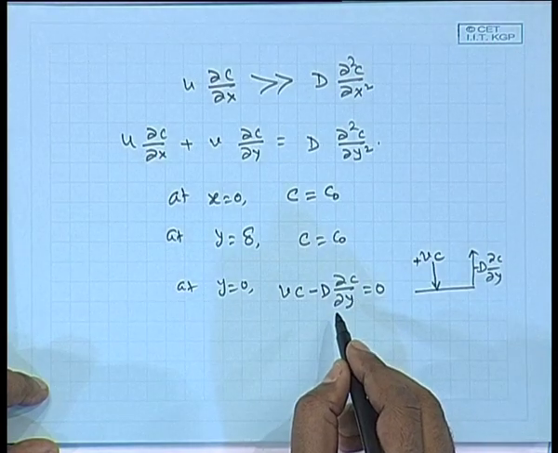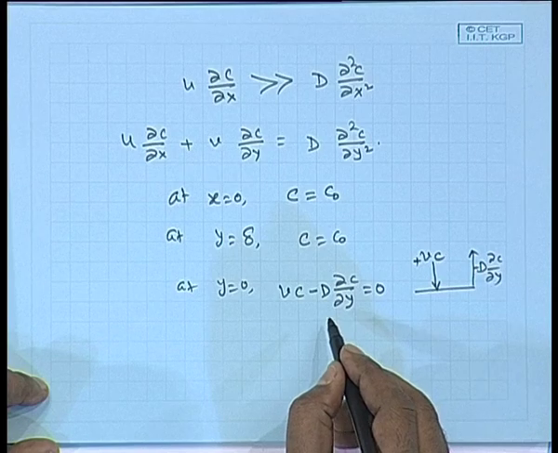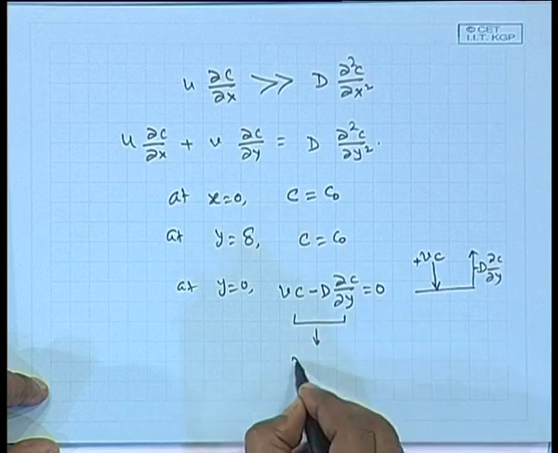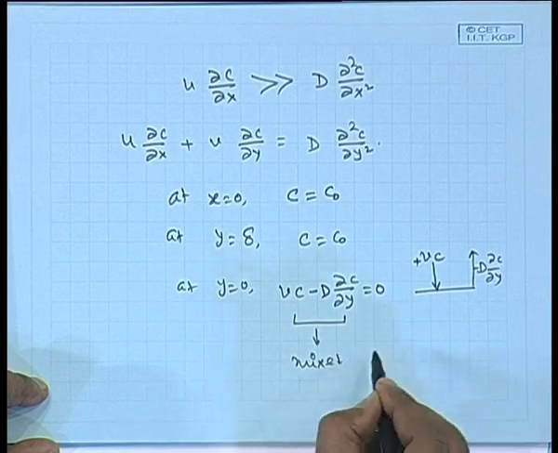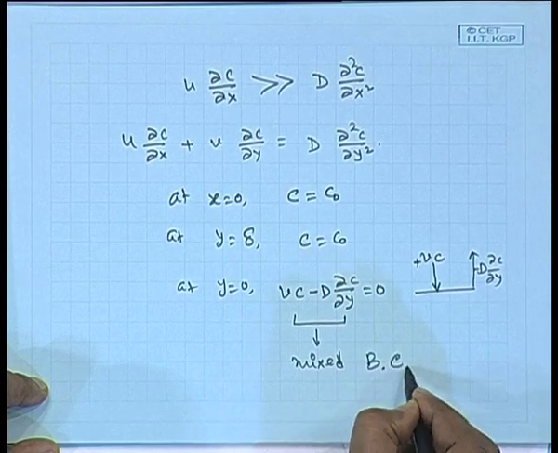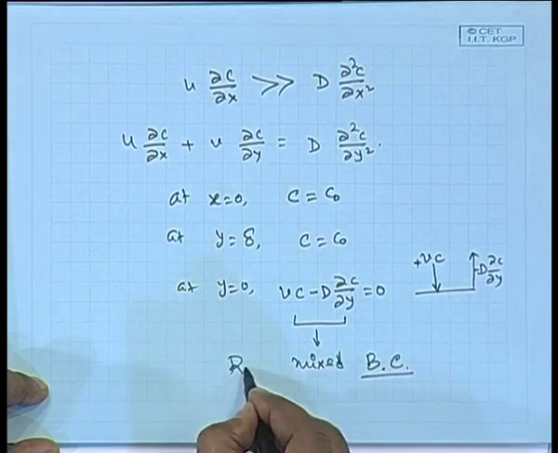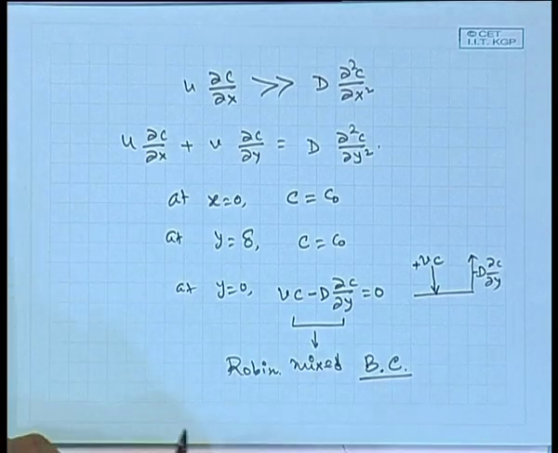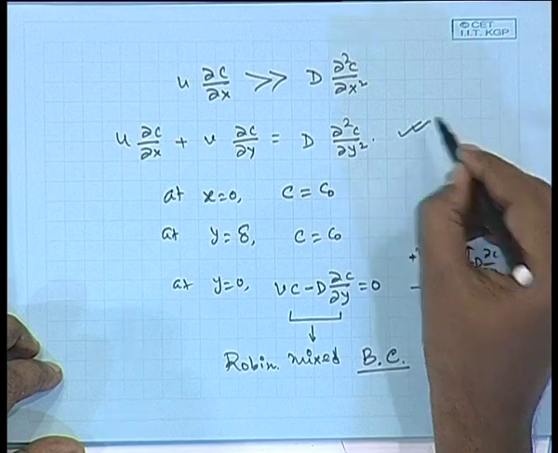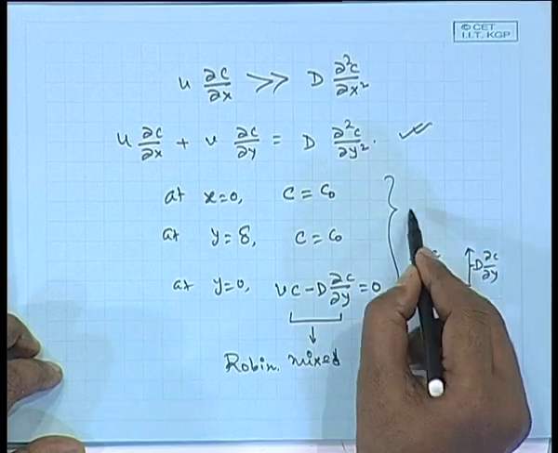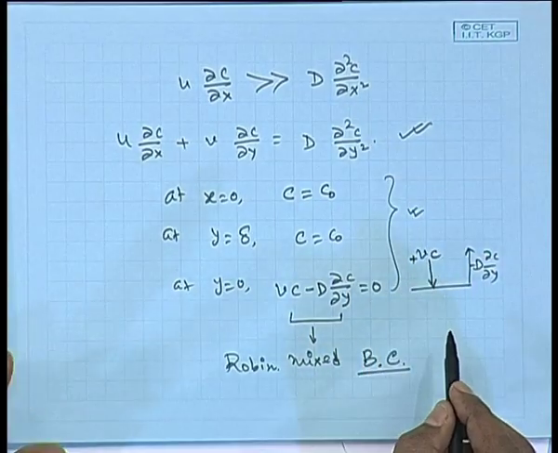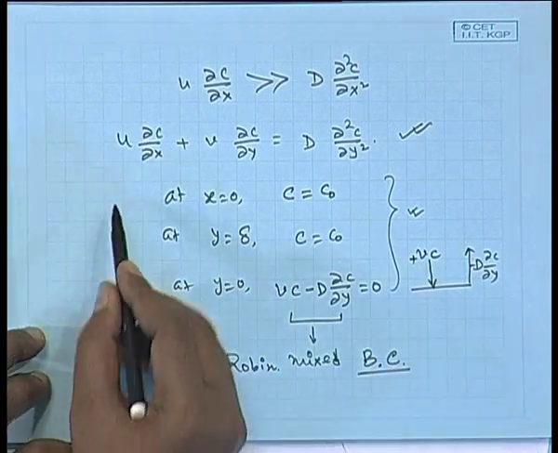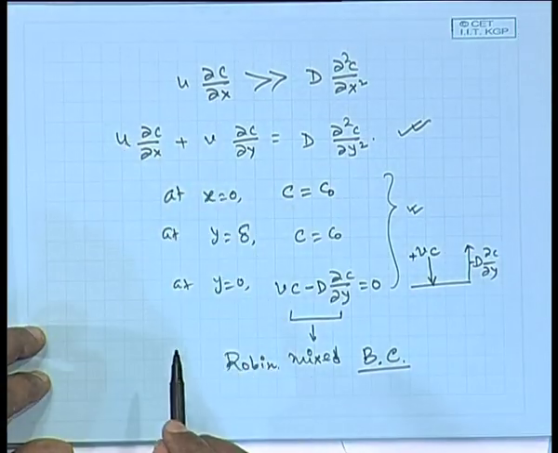It is basically a mixed boundary condition that we have talked about previously. Robin, mixed boundary condition. Okay. Now, you have formulated the problem, the governing equation, and the relevant boundary conditions. What is left is the insertion of velocity profile u and v.